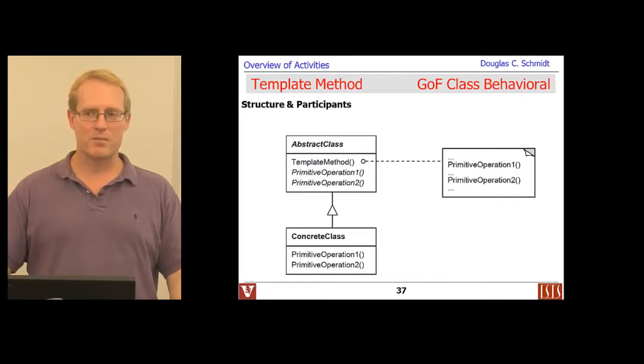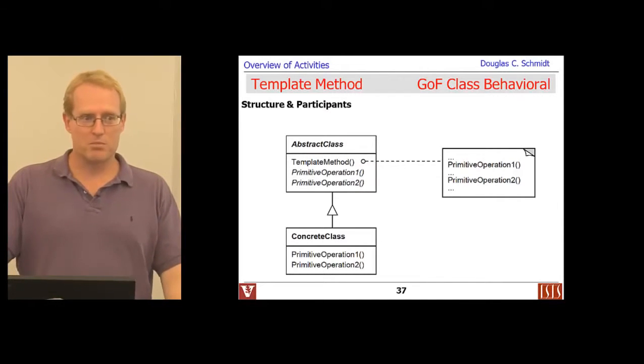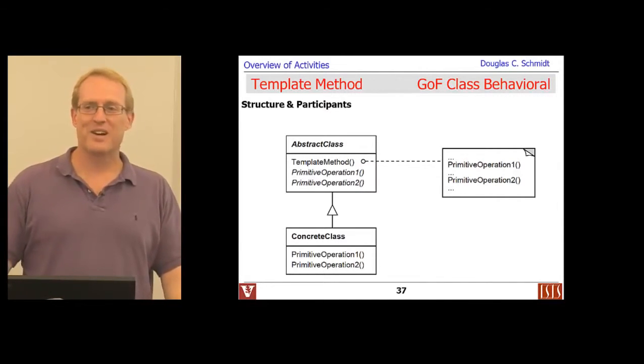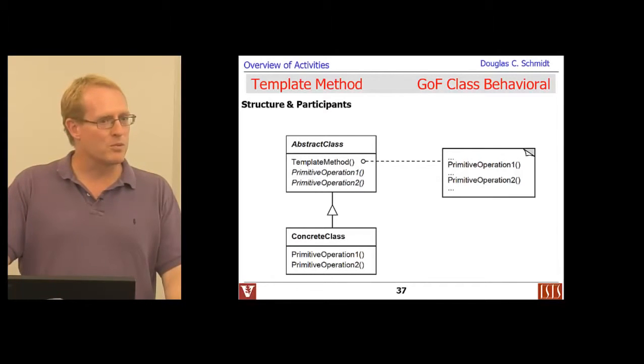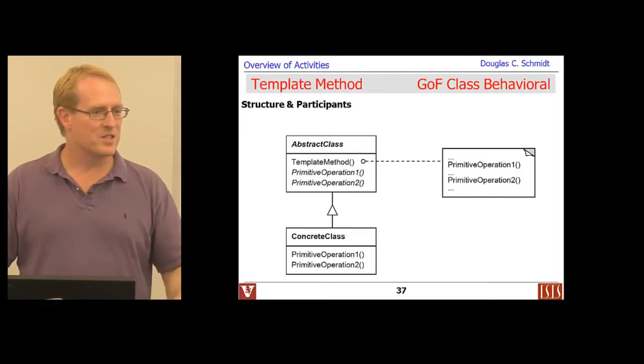It's a bit more descriptive than primitive method, because the primitive methods could actually be very complicated. But the hook methods or primitive methods are the things that are perhaps not actually defined in the base class at all, but instead they're intended to be customized and overridden in the subclass.